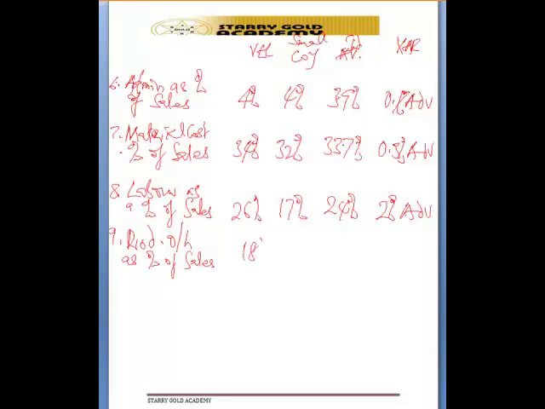Here will be 18%, here will be 28%, here is 21%, and giving us a difference of 3.3. But this time around, VEL was able to achieve a lower cost, so making it to be favorable, 8.3% favorable.